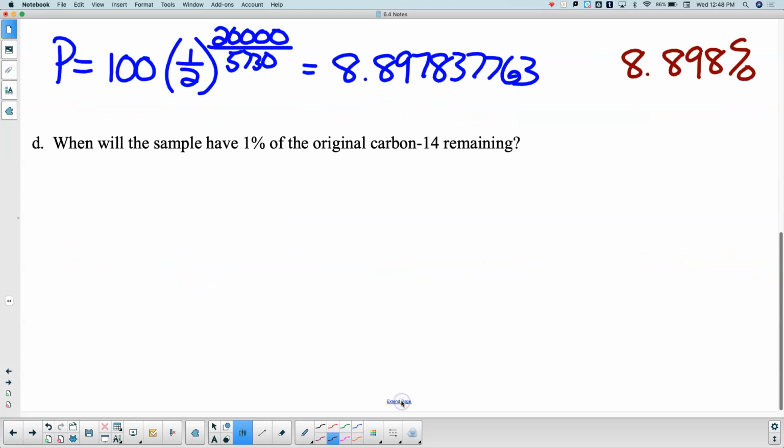When will the sample have 1% of the original carbon-14 remaining? Well, now that's going to be 1 equals 100 times 1/2 to the T divided by 5730. First, divide by 100.